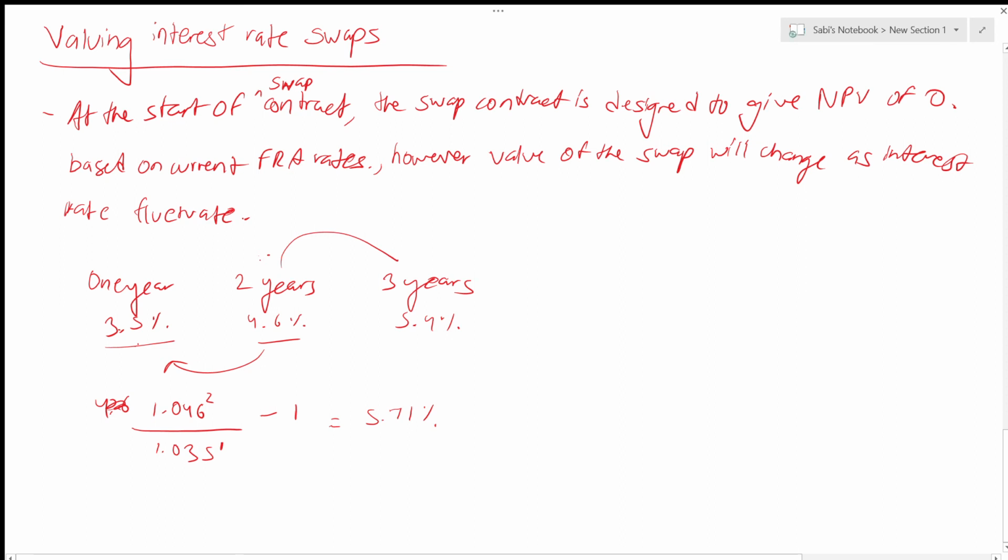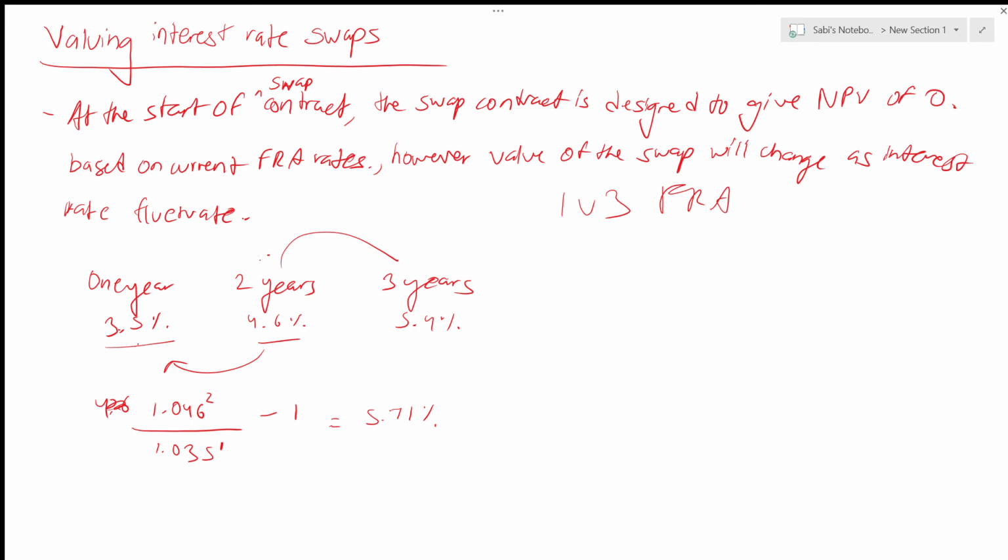Remember how FRA rates are given? 1V3, like this. Starting from 1 year, ending after 3 years. So FRA starting in 2 years, ending a year later, this is how they will say.